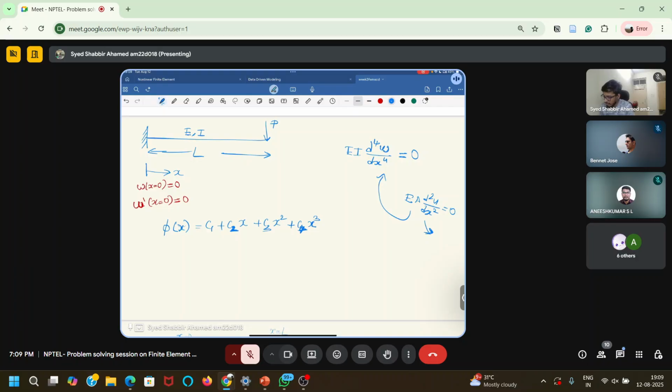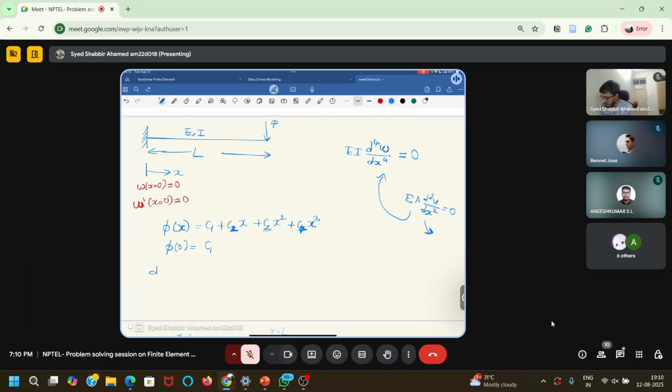Anybody want to take a guess? Yes or no? No. Because if I substitute x equal to 0 here, I will get C1 and the other terms are 0.